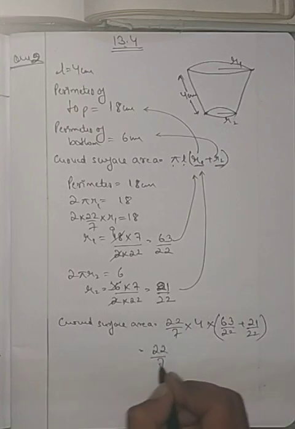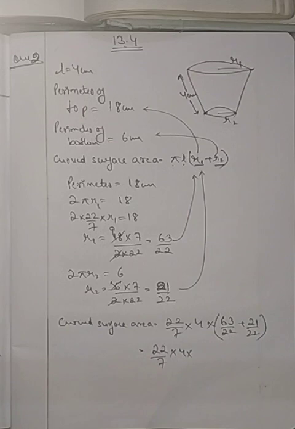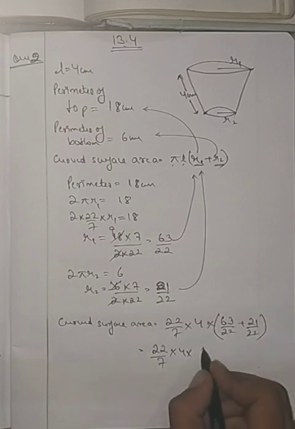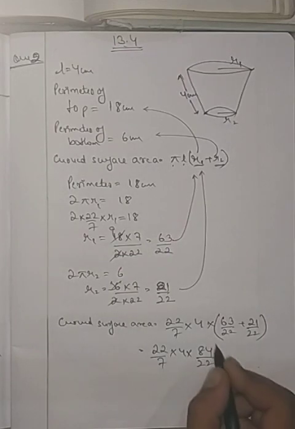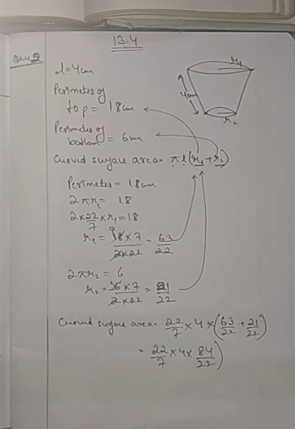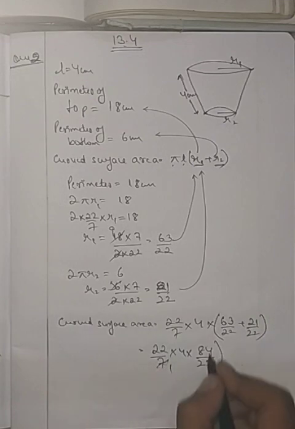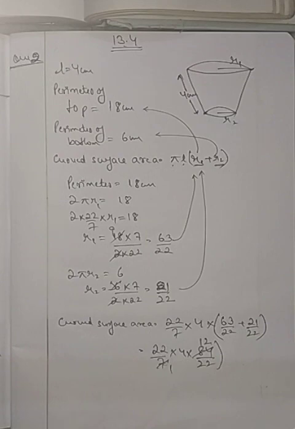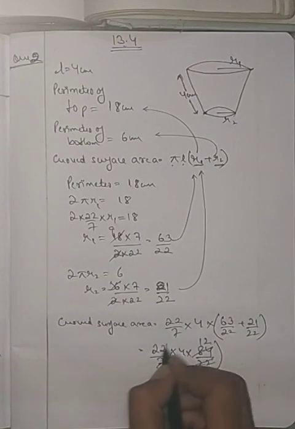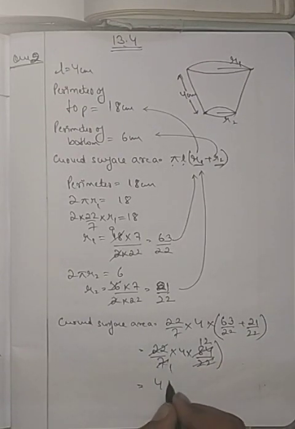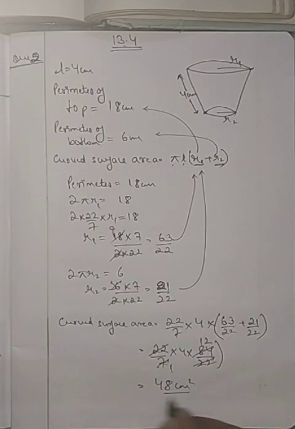Solving it, 63 plus 21 is 84 upon 22. 7 ones are 7, 12 sevens are 84. After that 22 cancels with 22. What is left? 48 centimeter square is the required curved surface area.